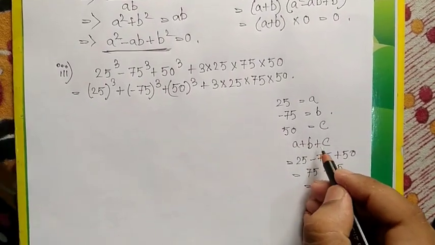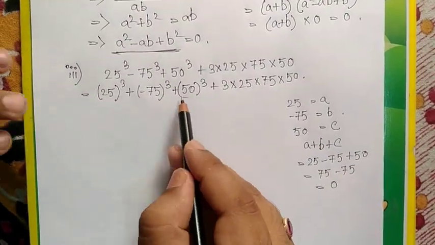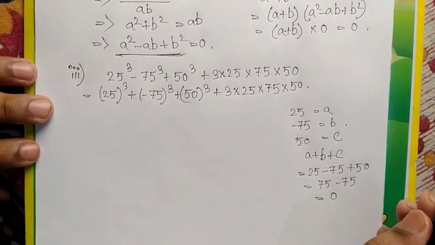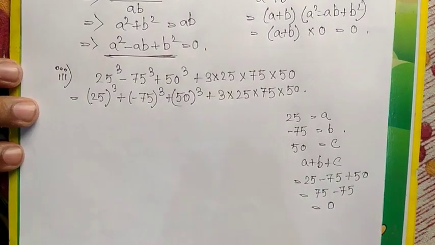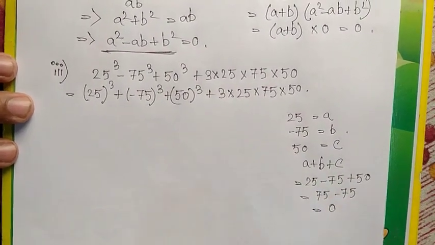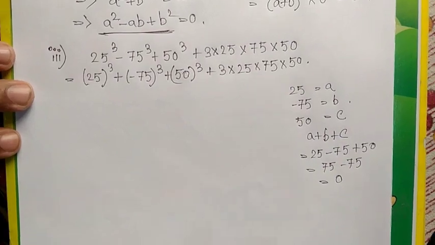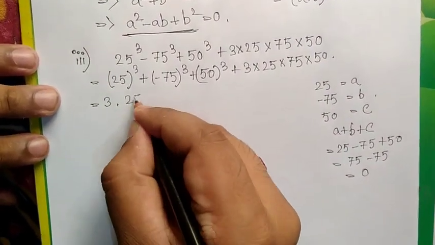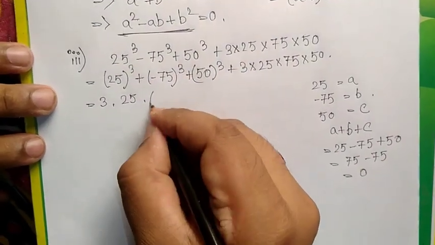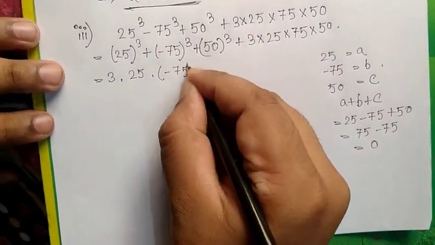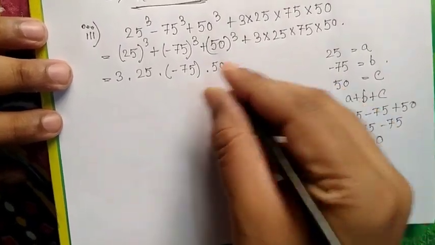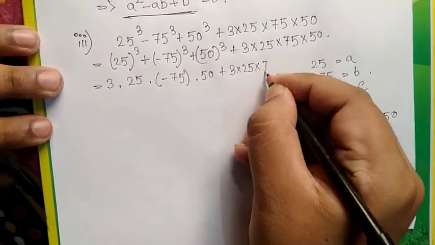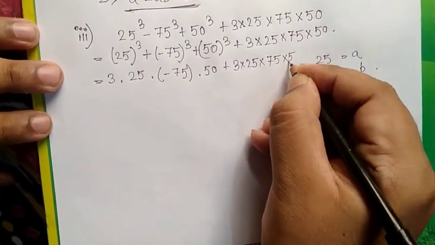So if a + b + c = 0, then a³ + b³ + c³ = 3abc. Therefore the answer should be 3 × 25 × (−75) × 50, plus 3 × 25 × 75 × 50.